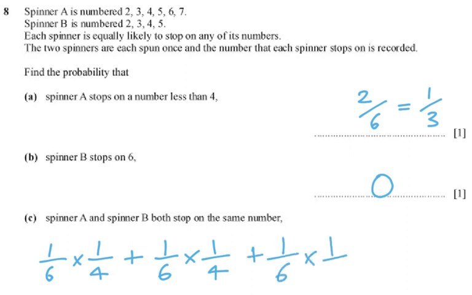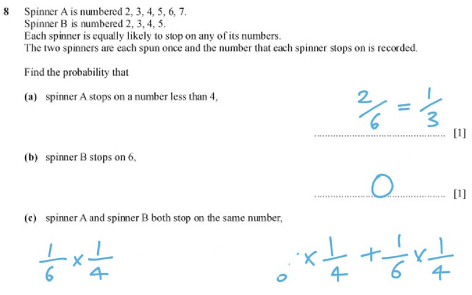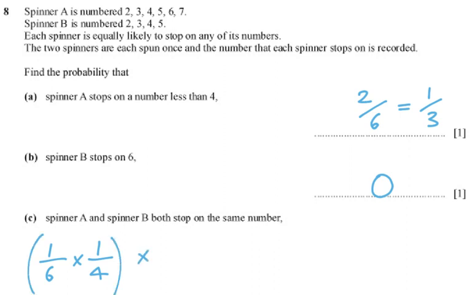So obviously the quickest way to work this out, instead of doing 1/6 times a quarter plus 1/6 times a quarter, yada yada, is just do 1/6 times a quarter times by 4, because this is going to happen 4 times. So if you pop it in your calculator, you should get 1/6, which is your final answer.